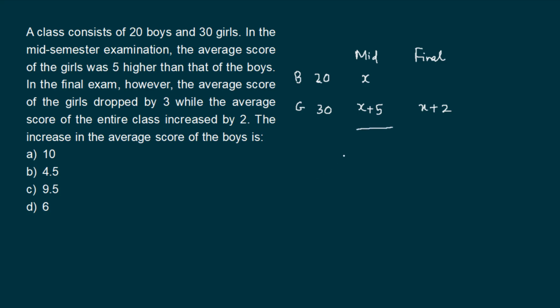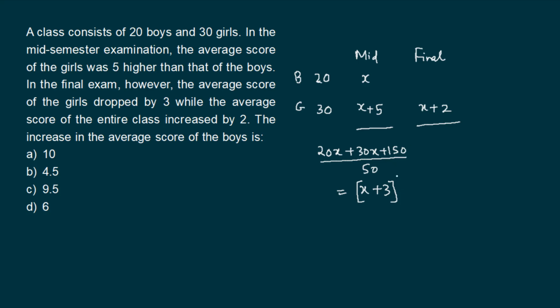Okay, so let me first find what was the score of the entire class in the mid-semester. Entire class score would have been 20x plus 30x plus 150 divided by 50. That is 50x by 50, x plus 3. That was the average score of the entire class.